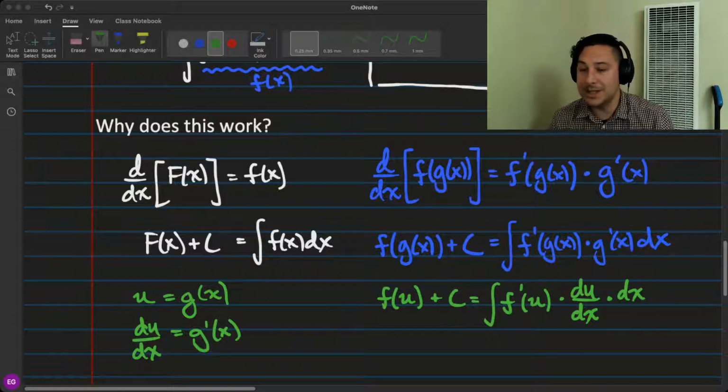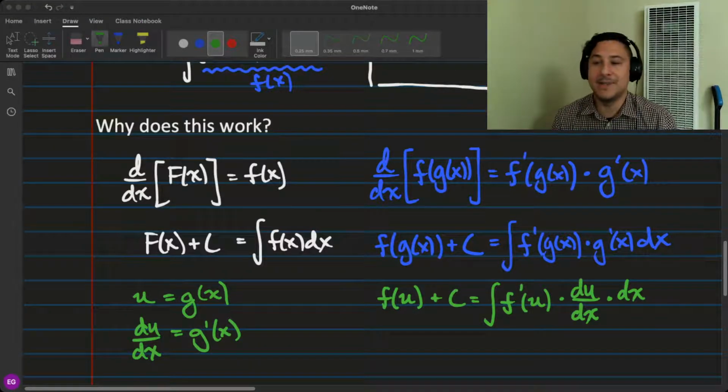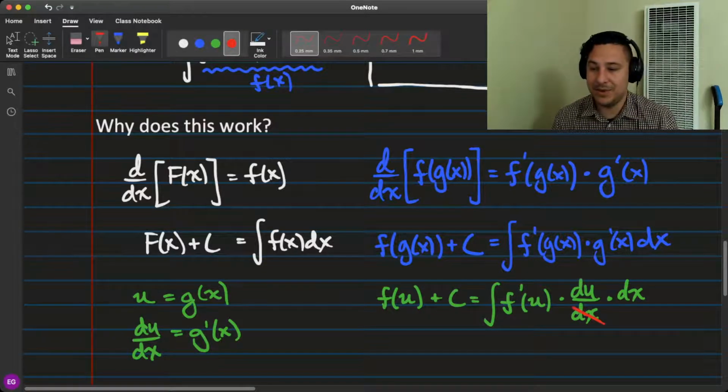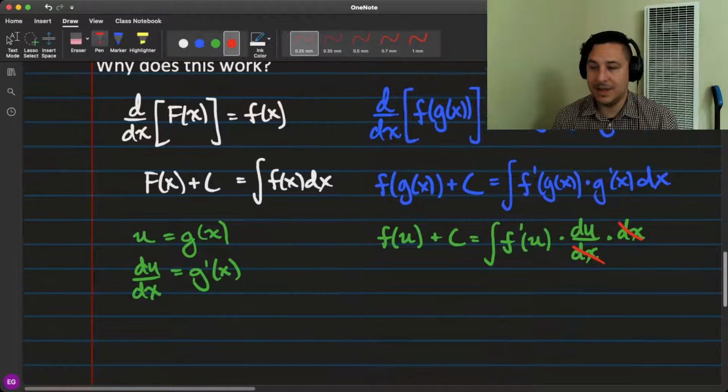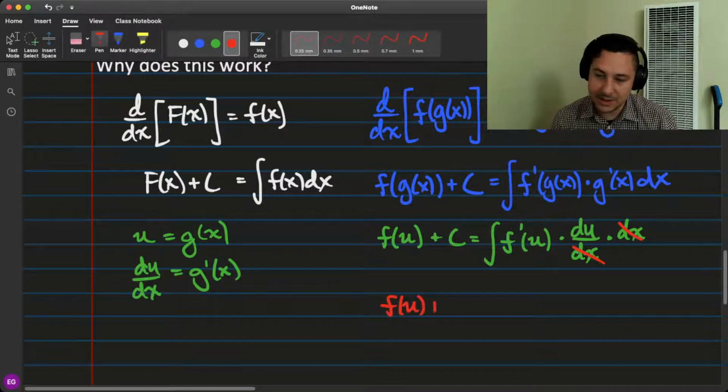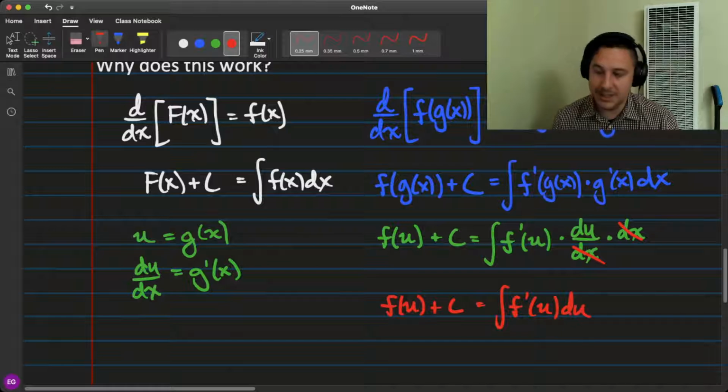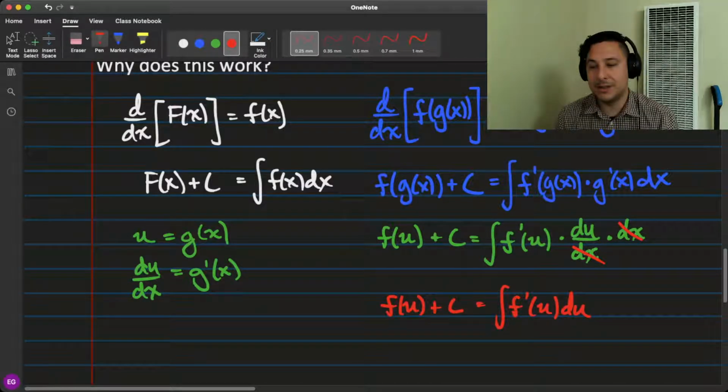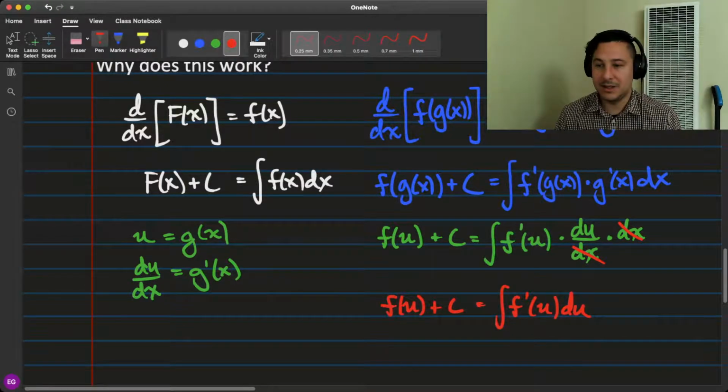So what do you notice with those dx's? What happens to them? Yeah. Boom, boom. And now you get some new version. You get f of u plus c equals the integral of f prime u du. So in other words, if you're taking the integral of f prime, the integral and the prime cancel and you get f.